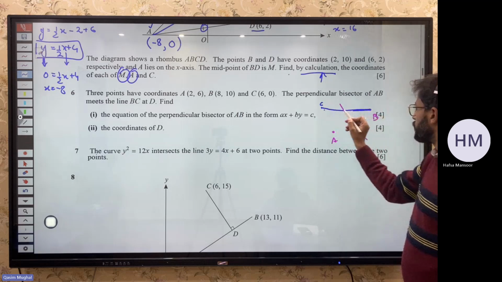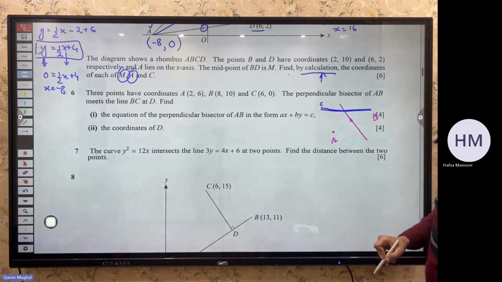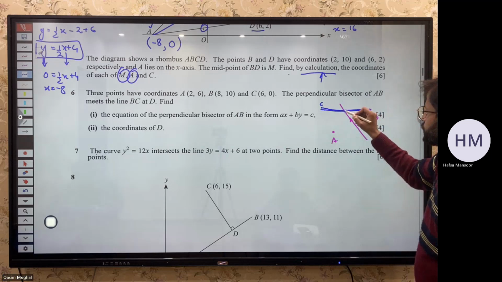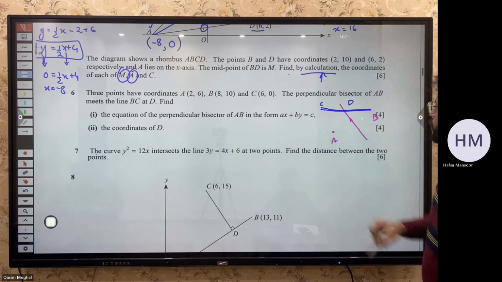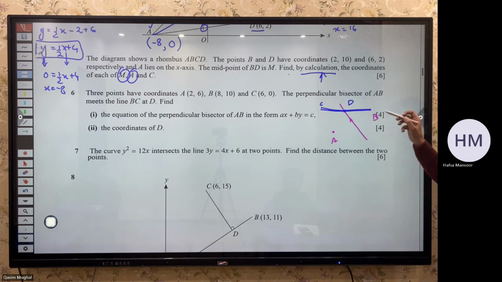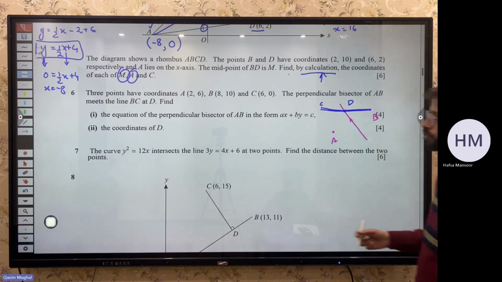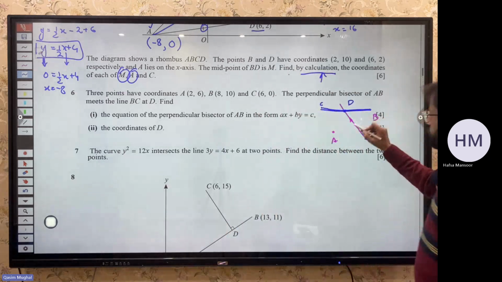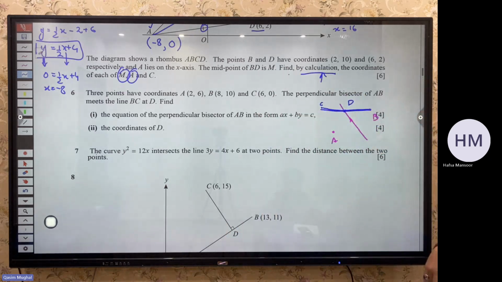The BC line is this one. The intersection is happening at point D. CB and this line, are they perpendicular? No, they haven't mentioned that. Which two lines were perpendicular? AB and the perpendicular bisector itself.